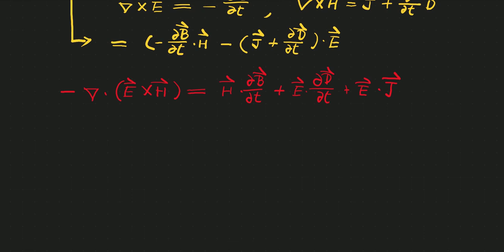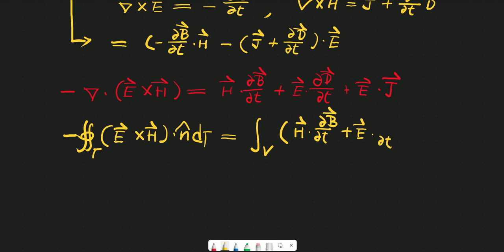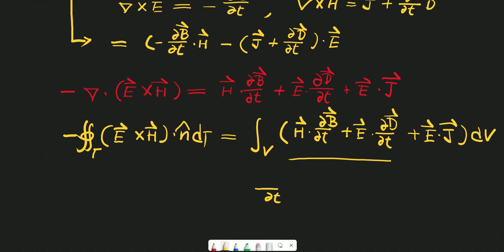We can write it in another way; this part can be written as the partial derivative with respect to t.